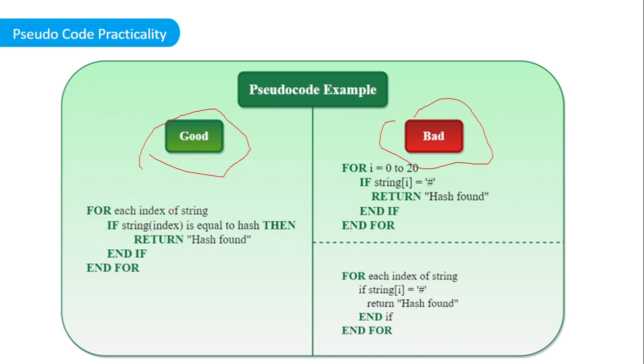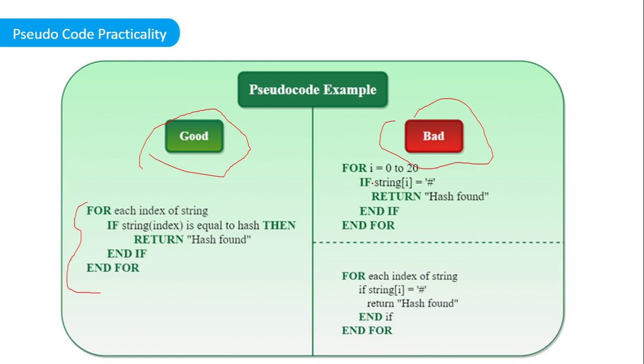So for each index of string, if string index is equal to hash, then return hash found, end if and end for. So this is more or less like a program that has been written already, but when you are really serious about what you are doing, you should be able to read this and understand. As a technical person, you should be able to read this and understand.